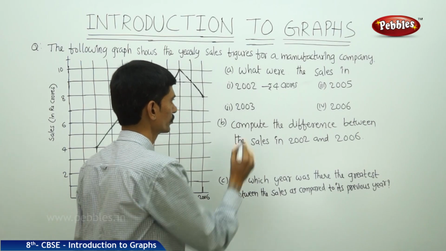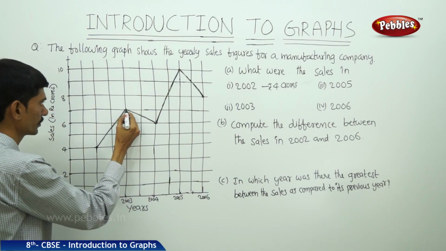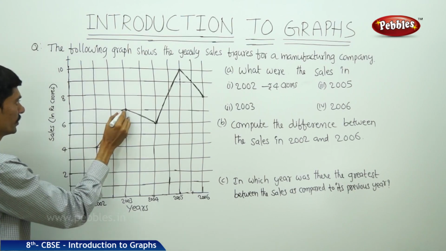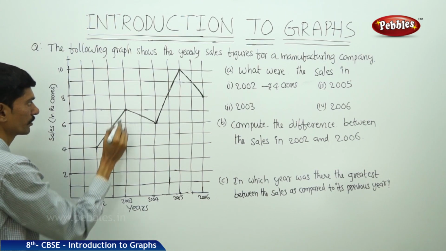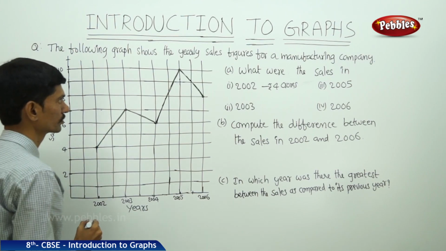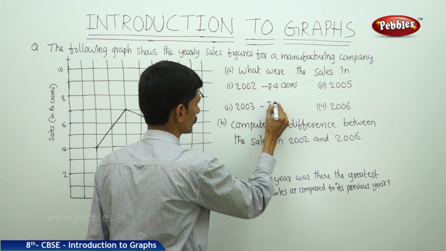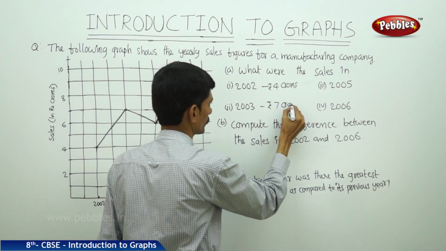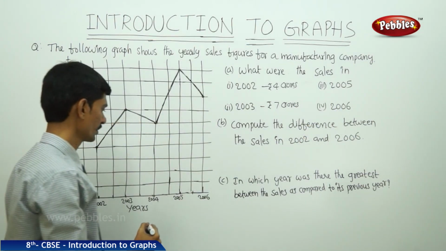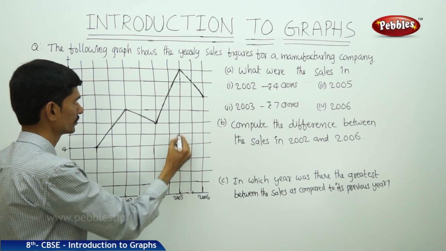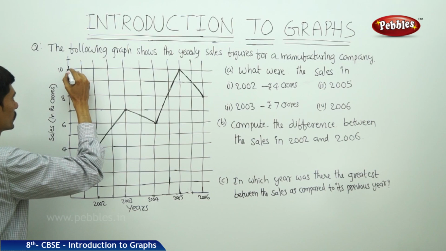Rupees. Next 2003. In 2003, from the line graph, between 6 and 8, that is 7. So there are 7 crores rupees sales in 2003. Next, in 2005, this horizontal line meets the vertical line at 10.